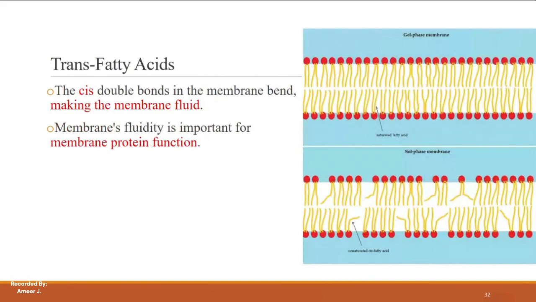The notable thing here is that trans fatty acids do not bend. They pack into the membrane as tightly as if they were fully saturated, and membrane fluidity is important for membrane protein function.